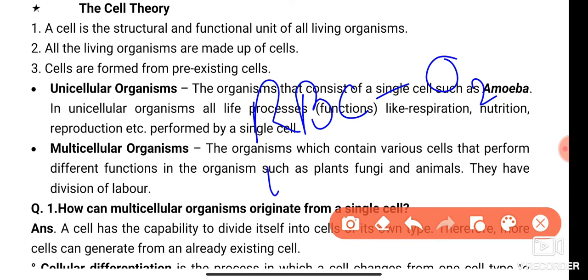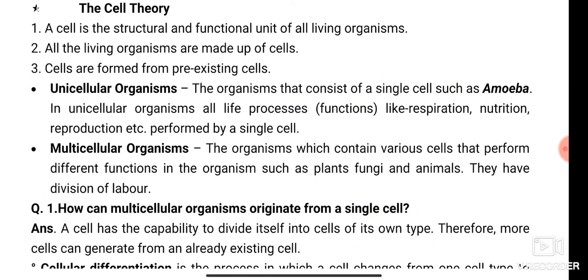White blood cells work to protect against upcoming pathogens or produce antibodies. So these are different functions of different cells. This is called division of labor.